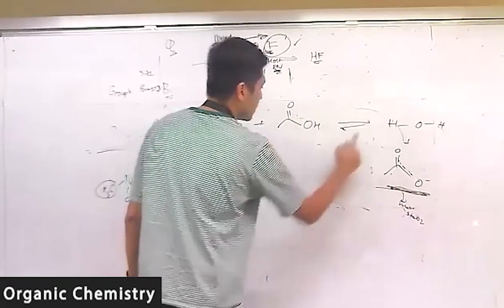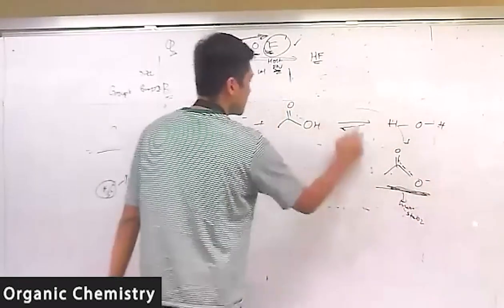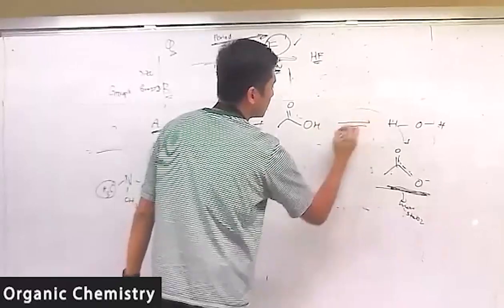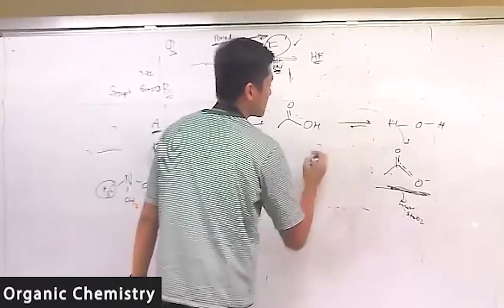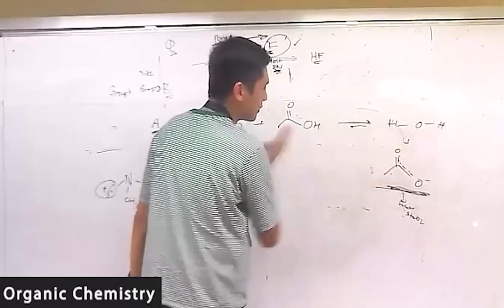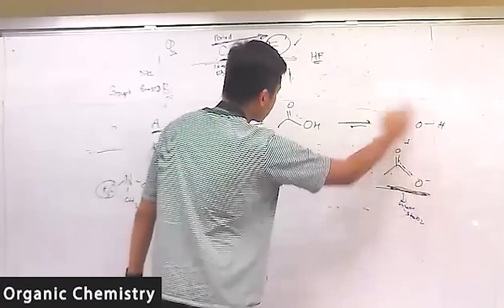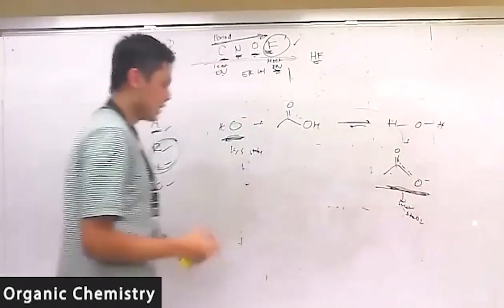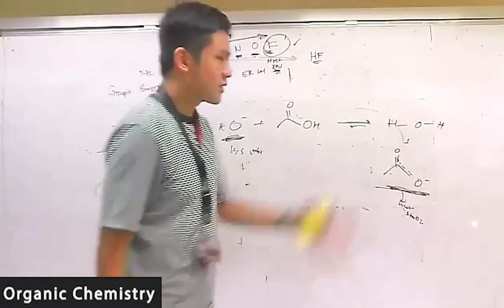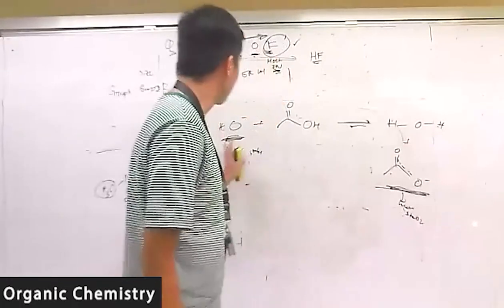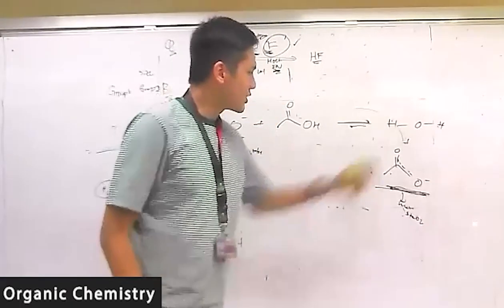So we would expect to see more of this than this. We could draw the equilibrium sign like this, so the arrow that points here is a lot larger than the arrow that points here. We would expect in the mixture to see a lot of this and just smaller amounts of this. So this is the more stable, and the equilibrium would shift towards the right.